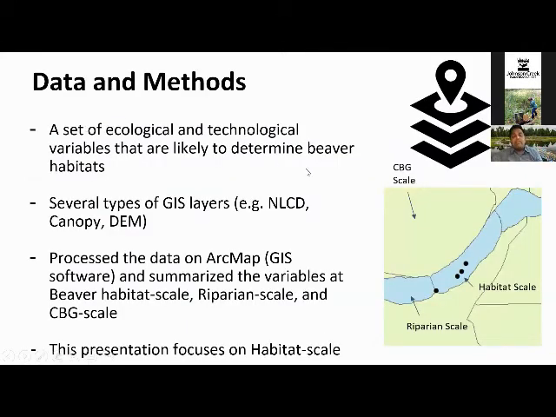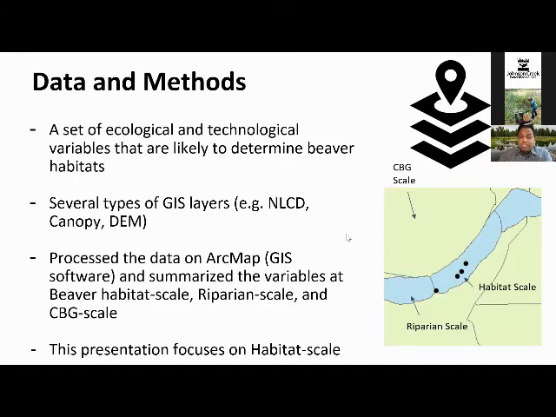So the data and methods: a set of ecological and technological variables we were able to determine at the beaver habitat scale. Obviously, the social variable is not available at the habitat scale, it's available at the CBG scale. Several types of GIS layers were used, such as the NLCD, which is the National Land Cover Database. We also used the high resolution canopy data and a digital elevation model to determine the elevation along the beaver habitats.